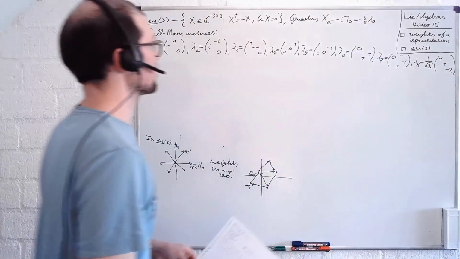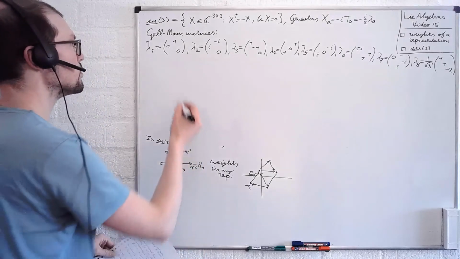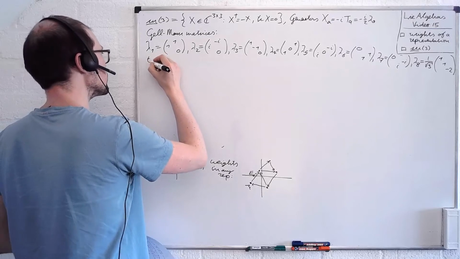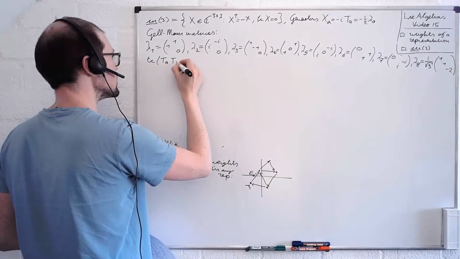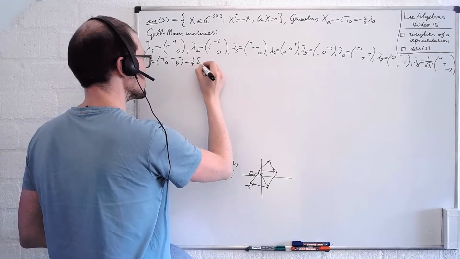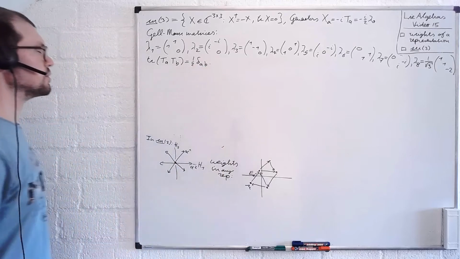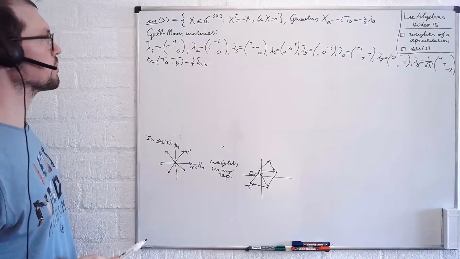They're orthonormal in the sense that if I take the trace of T_A and T_B, then they're normalized such that this is the case. So they're normalized with respect to the Cartan-Killing inner product.